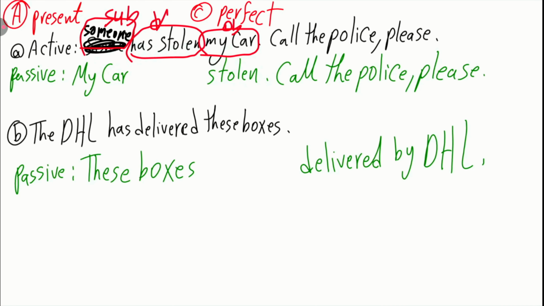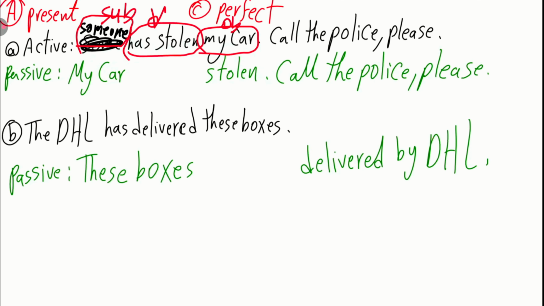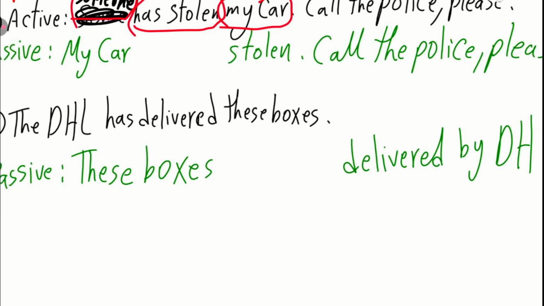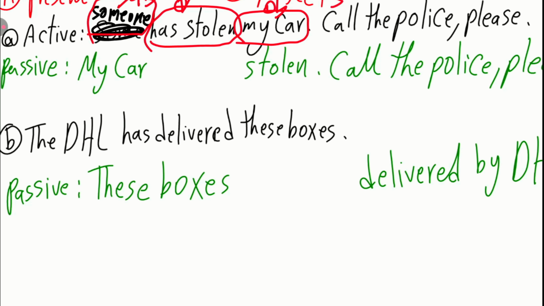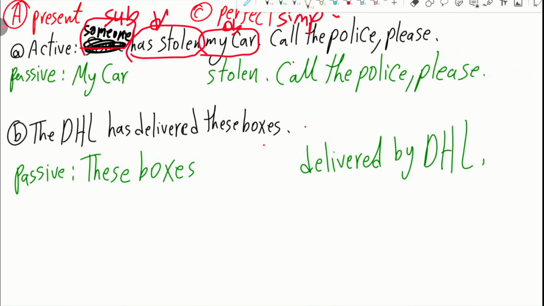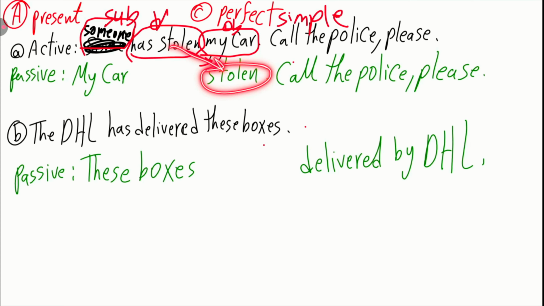And here, for the present perfect simple, this tense is called present perfect simple. It is not a big problem to find the third form, because it is already written. So you don't change the form of the verb, as you see here, stolen.